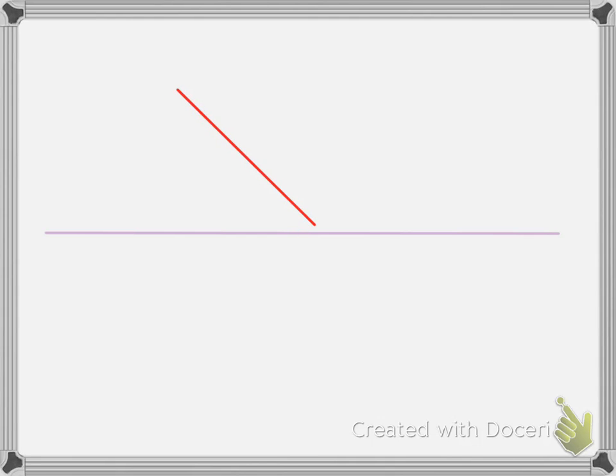The incident ray is going to hit the barrier, like that. Remember, we have our normal. Our normal is going straight down. Again, it goes into both mediums. We are then looking at our refracted ray.